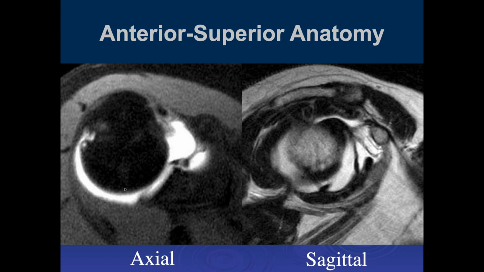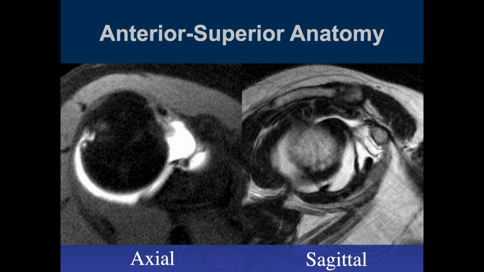If we go to the anterior superior area, there's a lot of confusing anatomy in this region. Here we can see the anterior superior labrum, posterior superior labrum, the articular cartilages in here. This is the superior glenohumeral ligament coming across here, coming right off of this attachment to the glenoid.